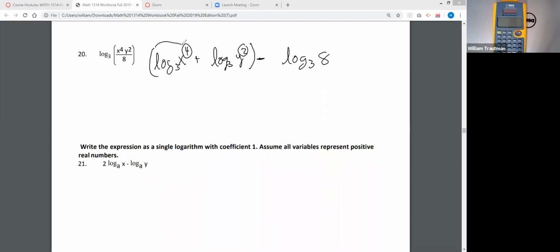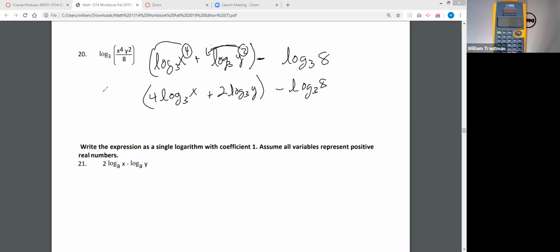You have to bring the powers in front. So this is 4 log base 3 of x, and the 2 goes to the front, 2 log base 3 of y, minus log base 3 of 8.